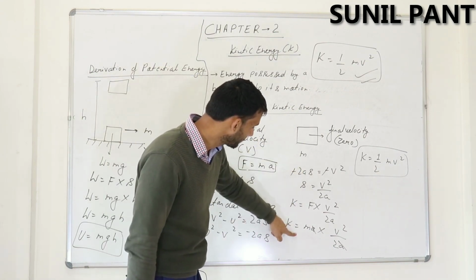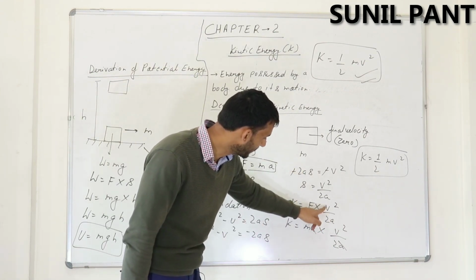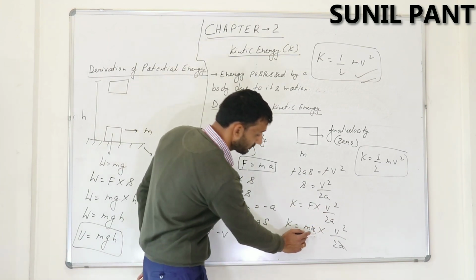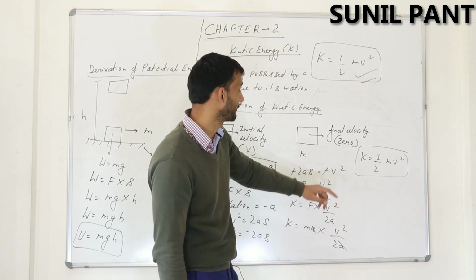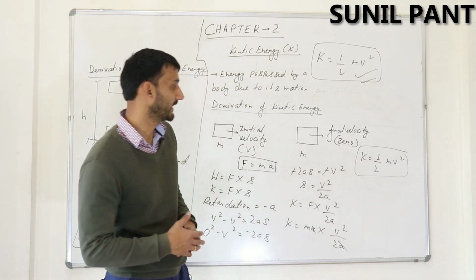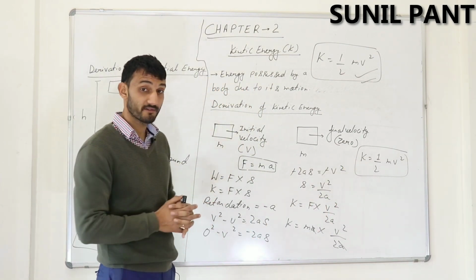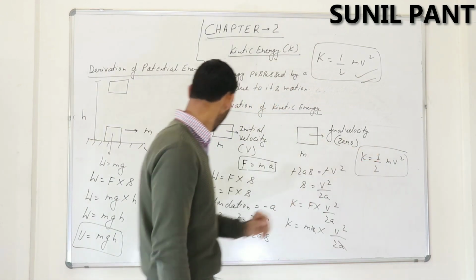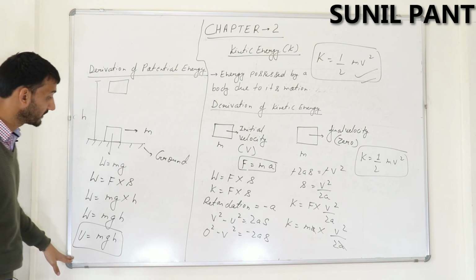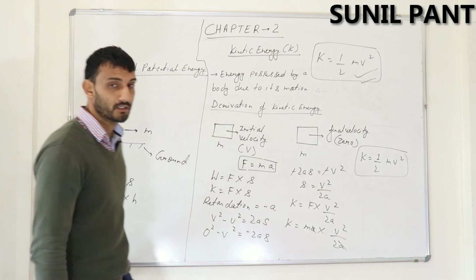So F is ma, and with v square upon 2a, the a goes off. What we are left with is mv square upon 2. This is the expression for kinetic energy, and this is a very important derivation. So kinetic energy is half mv square, whereas the potential energy is U equals mgh. Thank you.